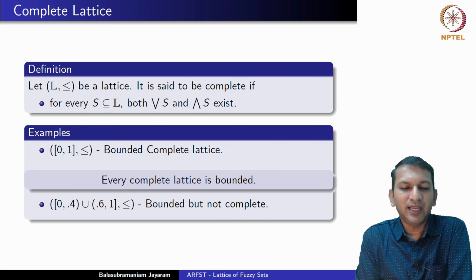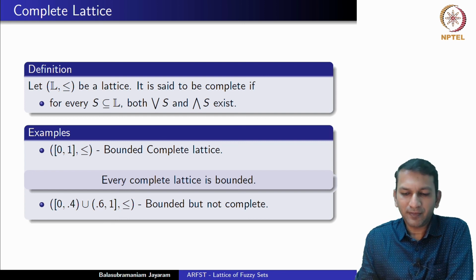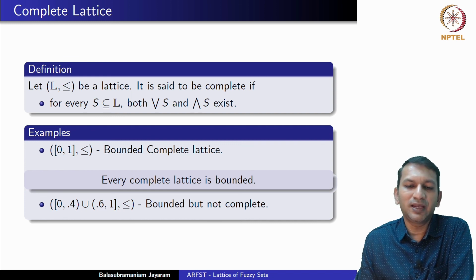We see that the infimum of this interval is 0.3, which definitely belongs to the set. However, the supremum of this interval does not exist. Thus, we might have a lattice which is bounded but not complete. However, every complete lattice is actually bounded.